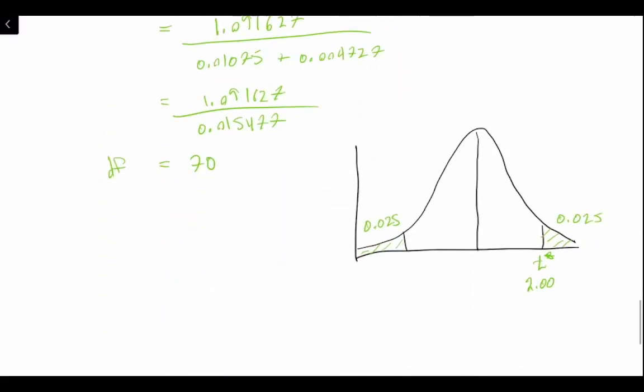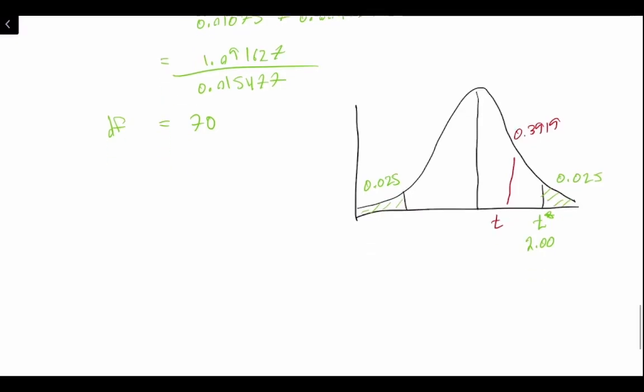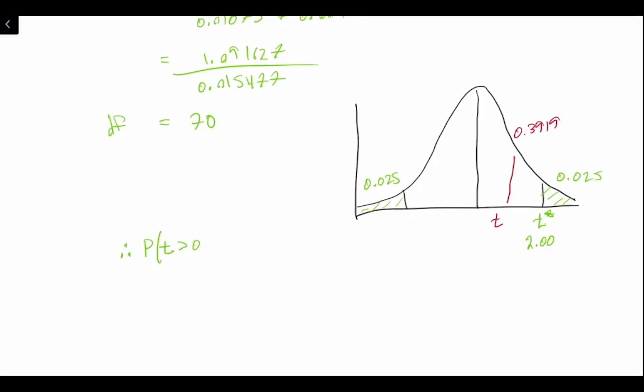Therefore, the probability that t is greater than 0.3913 is greater than the probability that t is greater than 2.00.